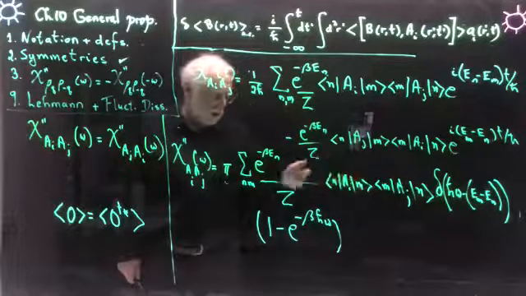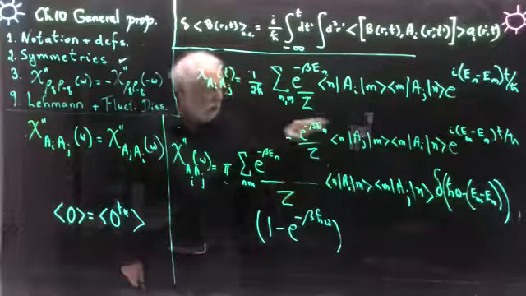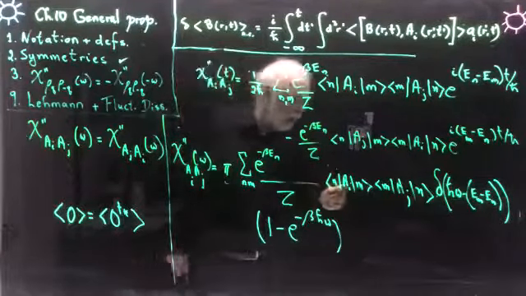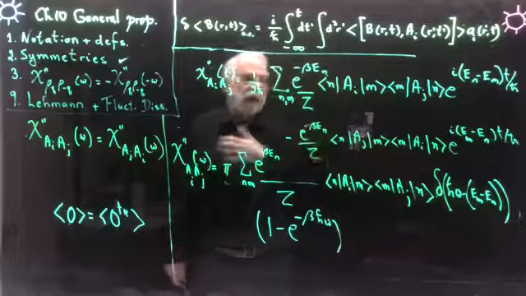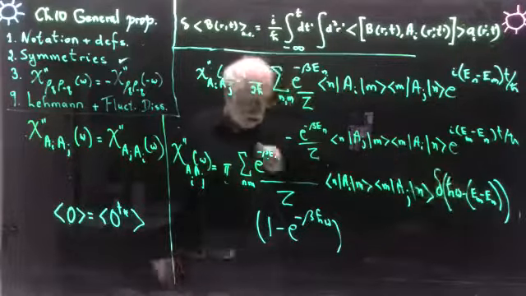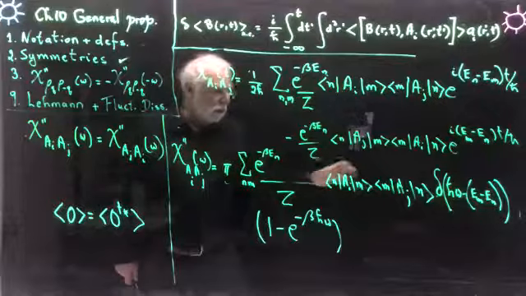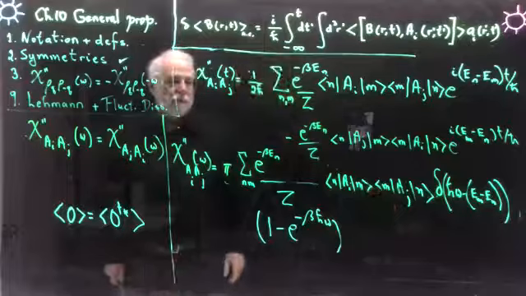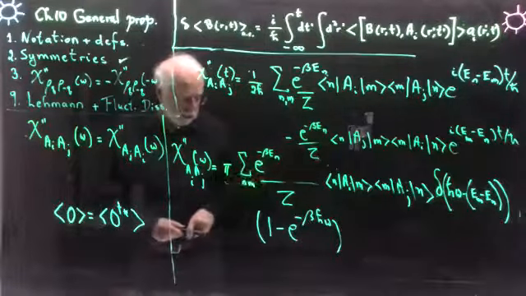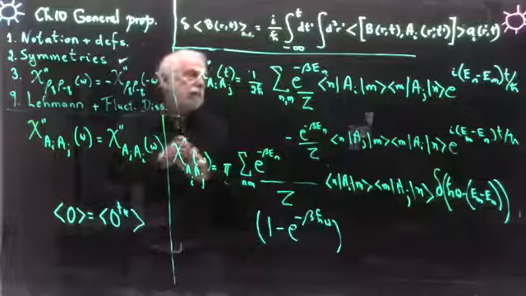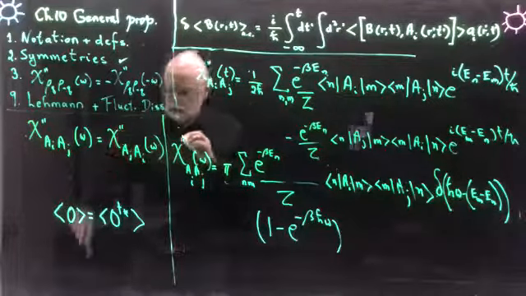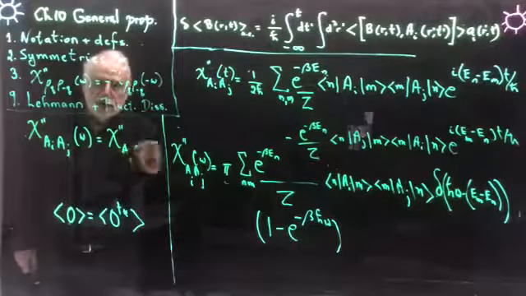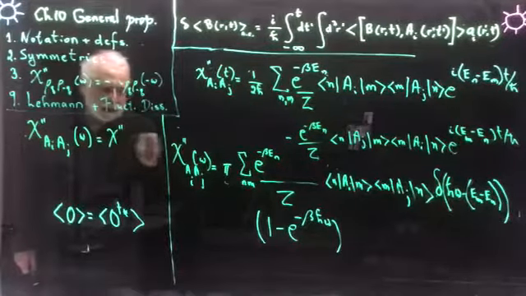If I go back to correlation functions, I will just get the expectation value of Ai of t, Aj. Then I take the Fourier transform and it gives this. So that's just the Fourier transform of the Ai of t, Aj. If I go backwards, what I have proven, I can finish with this.